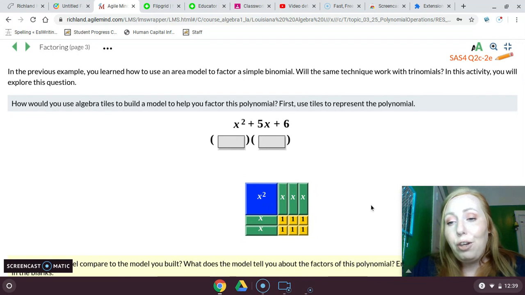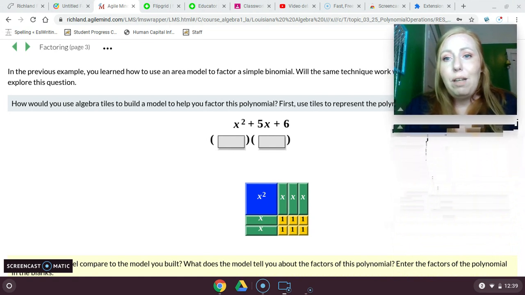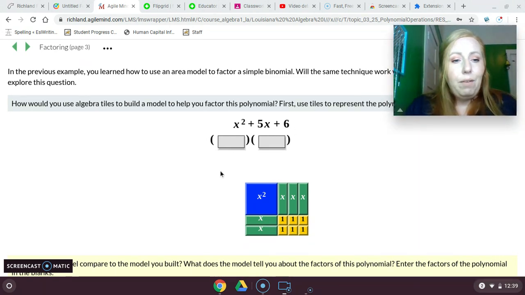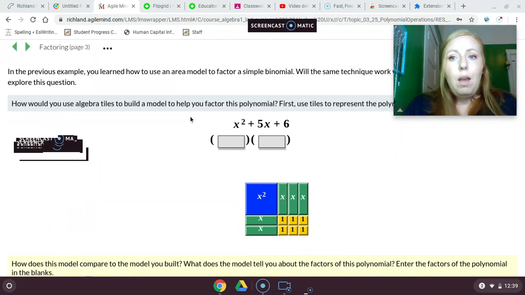Yours might have looked like that, and you're not wrong for doing something different than what they think. I'll move myself a little away so that we can see everything that's going on here.